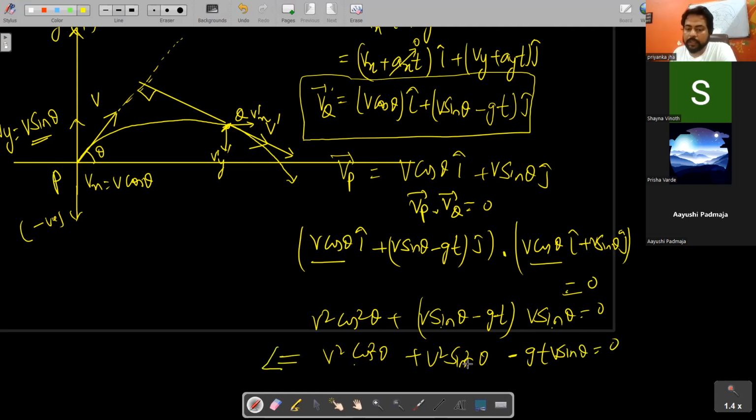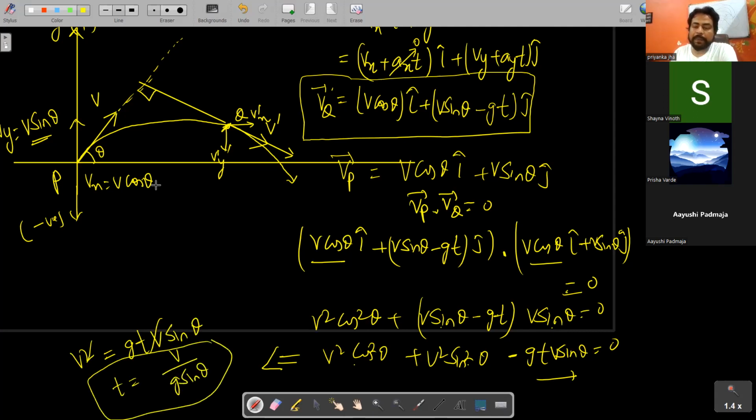You can take V square common: sin square theta plus cos square theta is 1. So V square equals gt V sin theta, V is gone, so t equals V upon g sin theta.